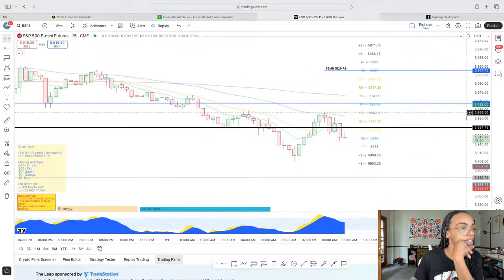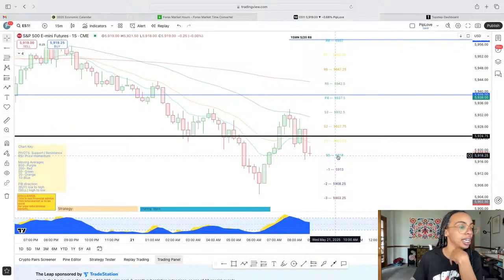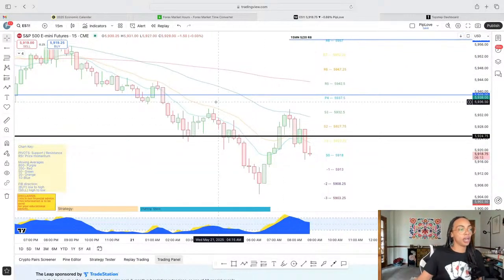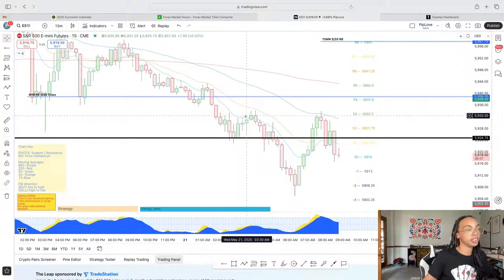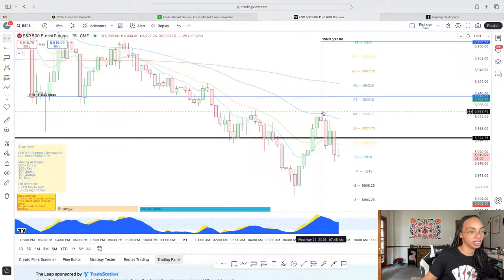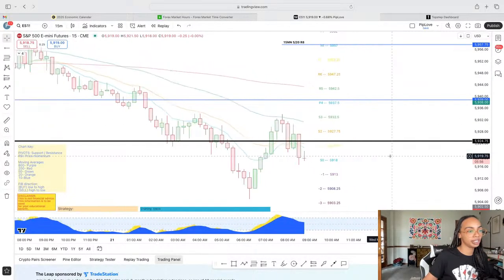All right, and now we have our S0 down here at 59.18. So price has pushed down to this level. It's not really a higher high, because look, this was our most recent high here at 59.32. It just touched this area, and now it's back down here by our S0.